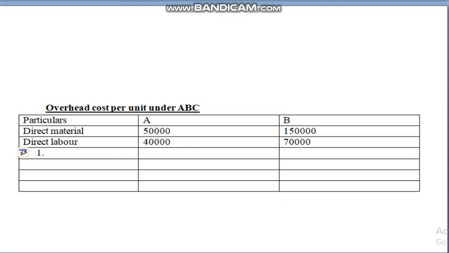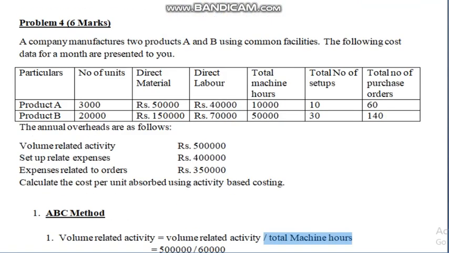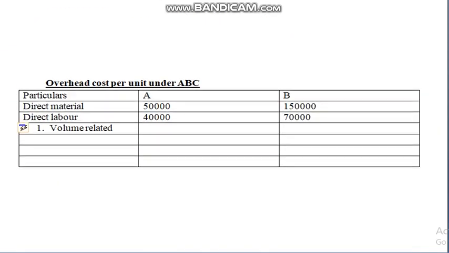So the first one, volume related activity. Volume related activity is based on the total number of machine hours. In this problem, the total number of machine hours is 10,000 for product A and 50,000 for product B. And what's the rate per hour?